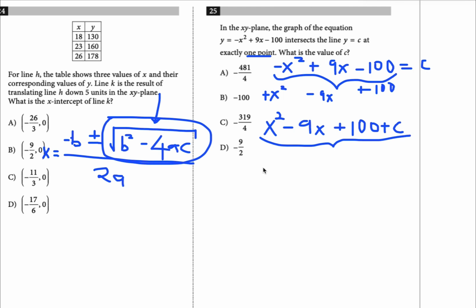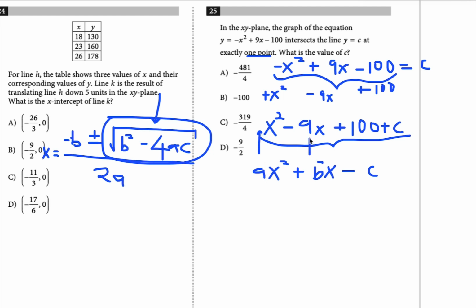The regular form of the quadratic equation goes something like this: ax squared plus bx plus the constant. Essentially, whatever the coefficient for the x squared is, that will be a.